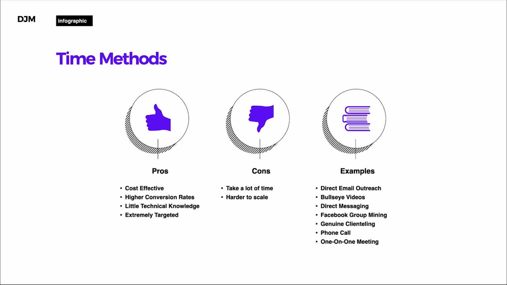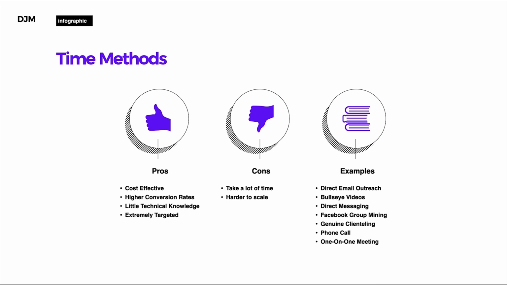Some examples of time methods would be direct email outreach, direct mail outreach, bullseye videos, which I'll talk about later on, direct messaging people that are your prospects, and Facebook group mining, and we'll get into that later. Genuine clienteling is also a time method, so actually talking one-on-one with clients that you've had in the past.